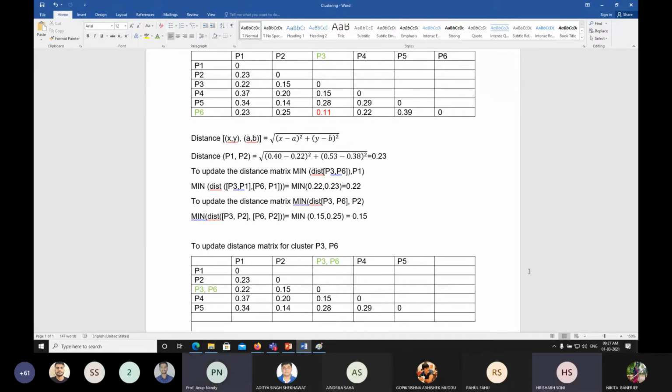Sir, in the row of P3, P6 and column of P3, P6. Is it okay? I mean, this matrix. Do you feel that these values are okay?